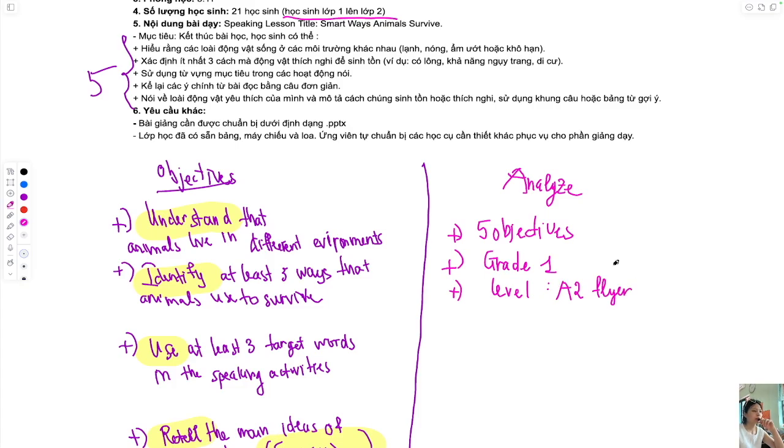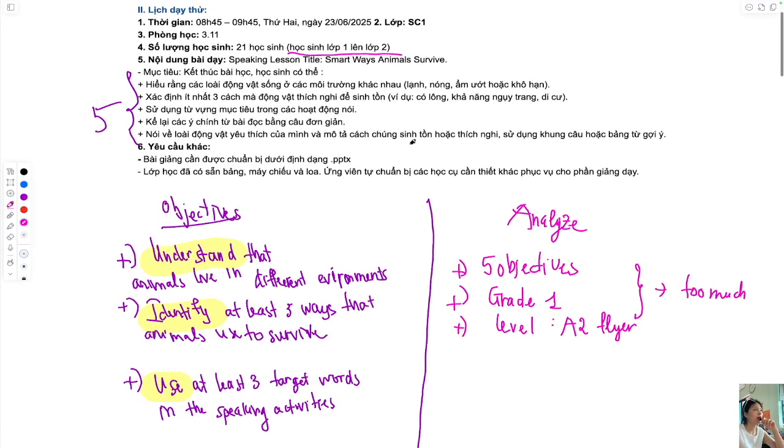But for the 5 objectives, I think the objectives can be too much in a lesson. The timing here is just 1 hour, and we have a text to read. So I think it's too much for grade 1 students in 1 hour.